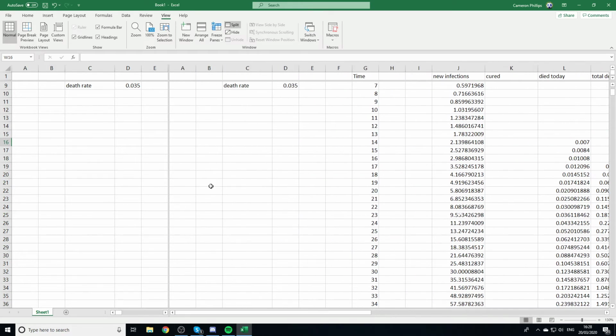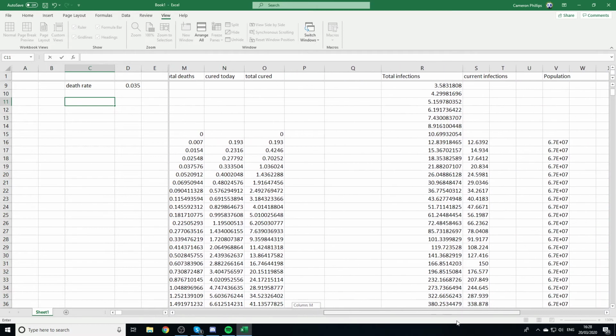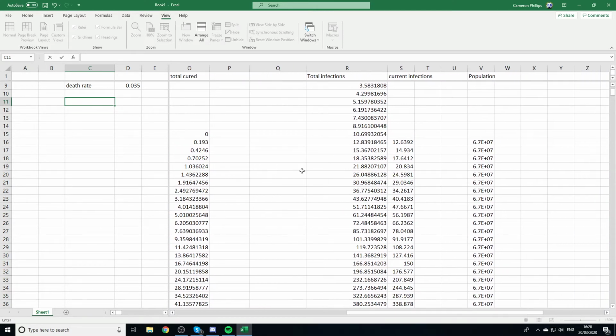And I'm going to call that the immune factor. Actually, the immunity factor needs to be here because it's going to change as we go down. Let's put it here. It doesn't matter where we put it. No, I'm going to put it after population actually. So what's the immunity factor?